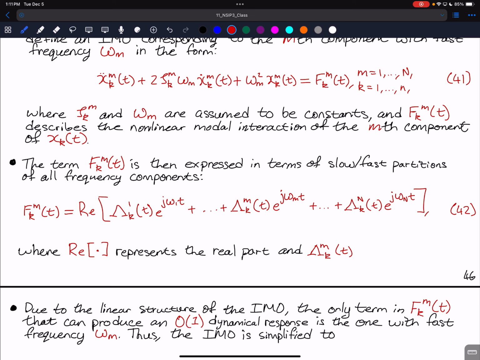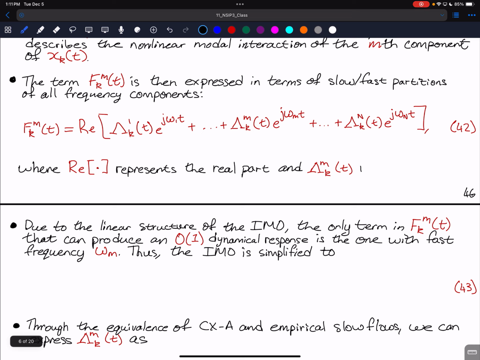And I've left off the last portion of that, so we'll add this in here. So this lambda represents the slow amplitude, or modulation of the fast frequency. Slow amplitude, slow modulation of the fast frequency.